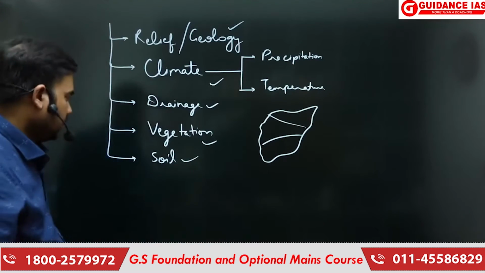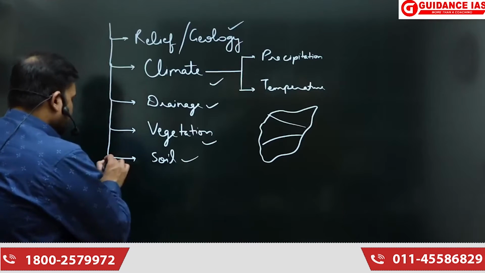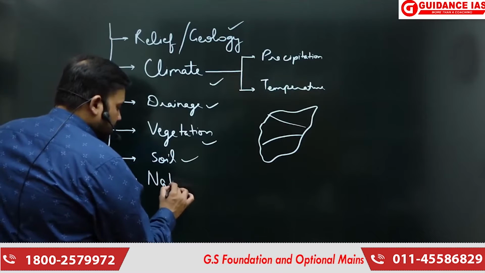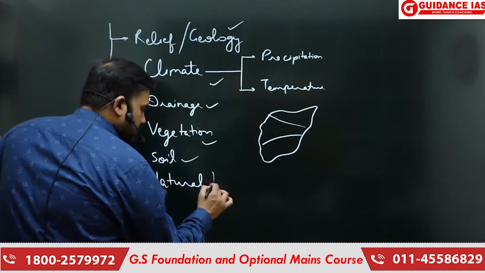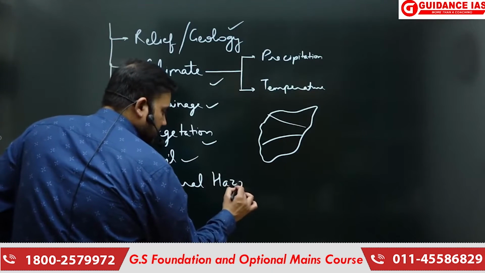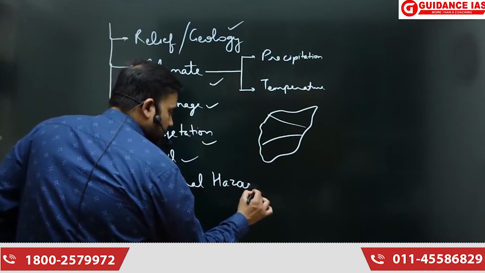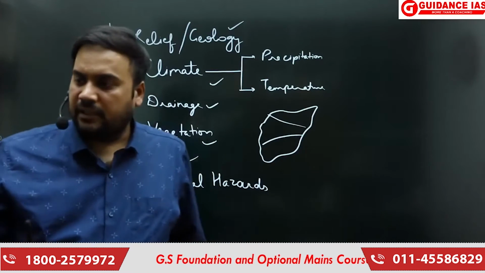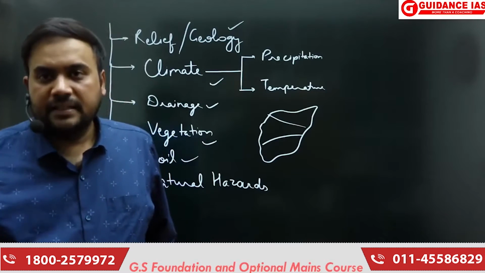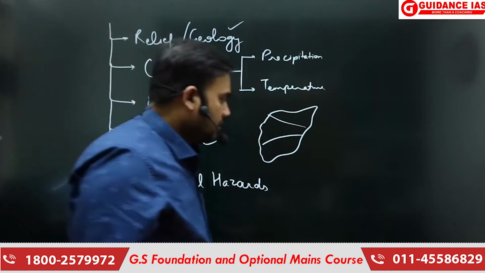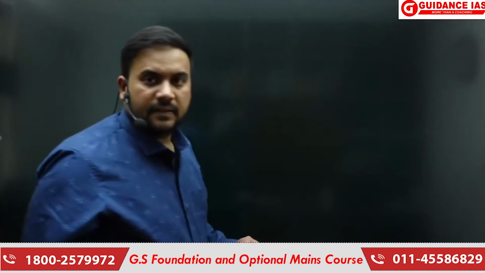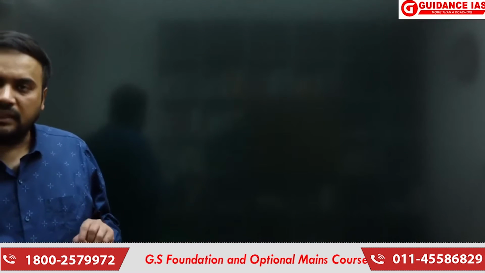I can look into other things also. For example, tell me, is there information related with natural hazards? Yes or no? Is there information related with natural hazards? There is. I can add that information too. Plus, is there information related with human aspects?